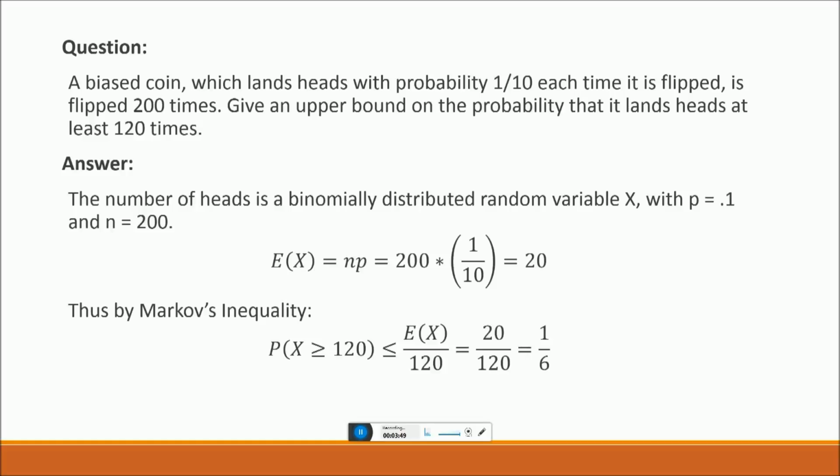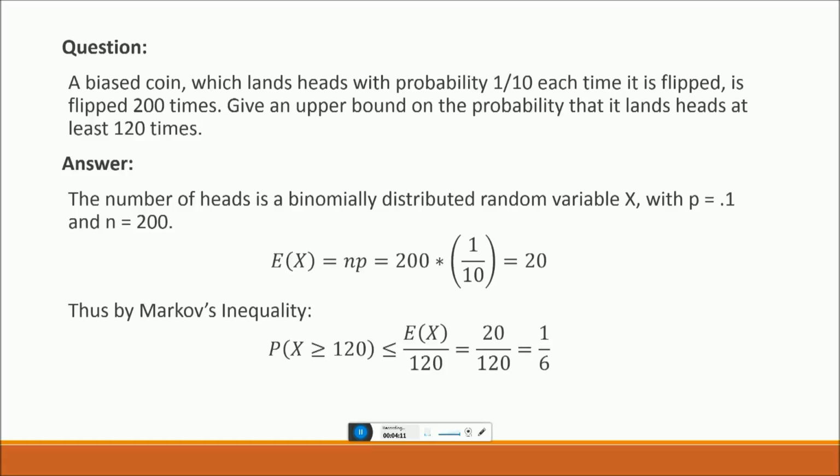We can now construct a Markov inequality. We have our x, we have our expectation, and we have an a. The probability of our biased coin landing on heads at least 120 times is less than or equal to the expectation of x over a, which is 20 over 120, which is 1/6.